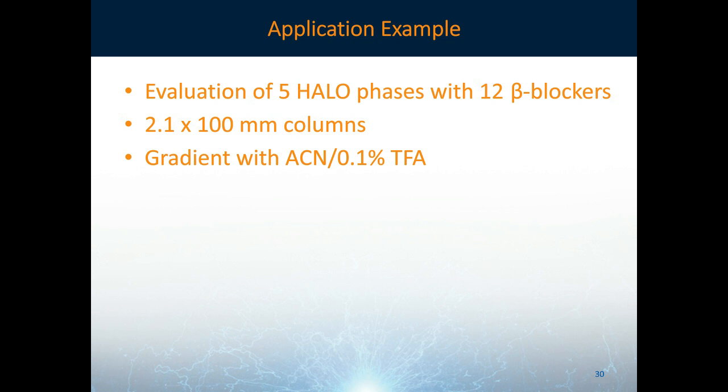And next I have an application example where we evaluated 5 Halo phases with 12 different beta blockers. And in this case, we used 2.1x100 millimeter columns and a gradient with acetonitrile and 0.1% TFA.